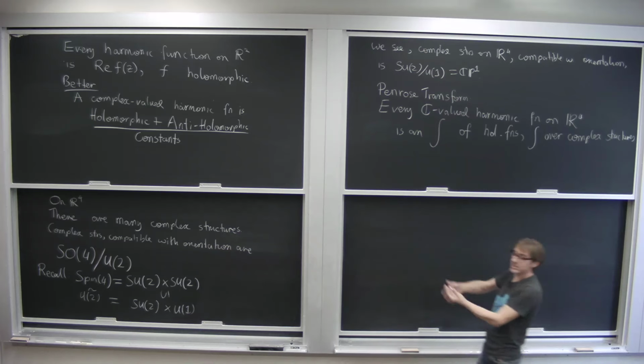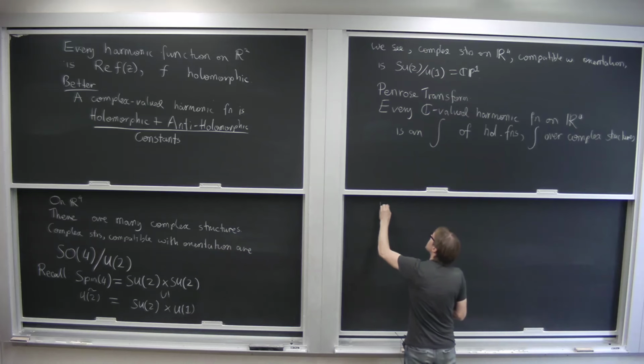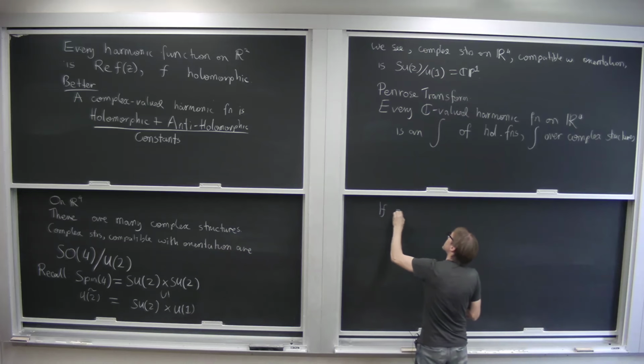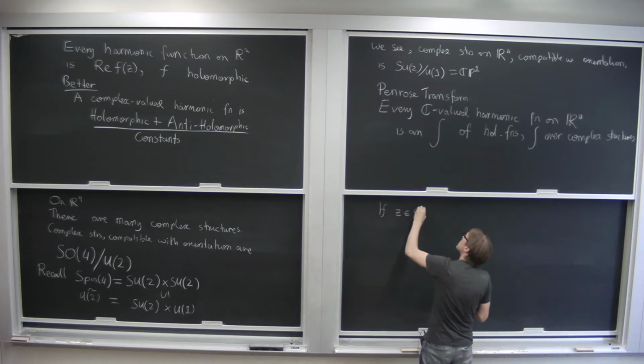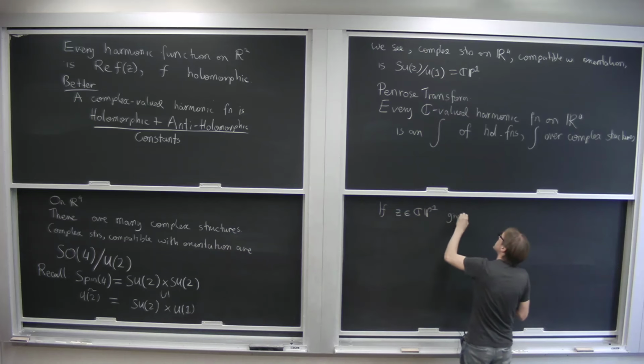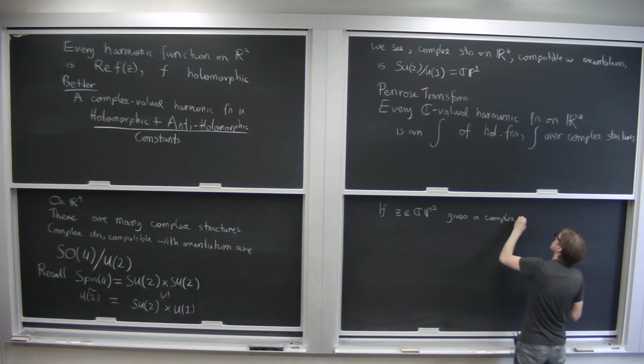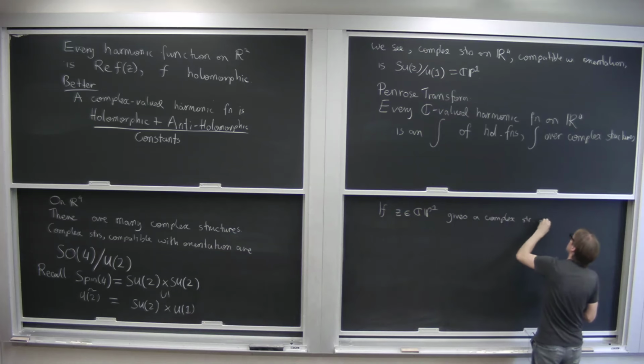Okay, so on R4, there's a CP1 of complex structures. If I take a point Z in the CP1, it gives a complex structure on R4.